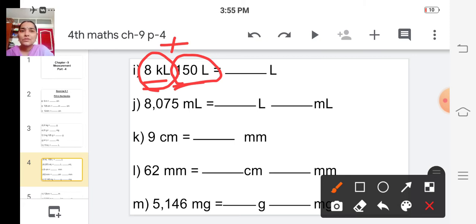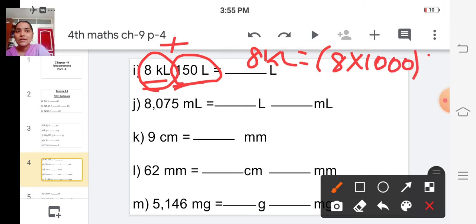We all know that 1 kiloliter is equal to 1000 liters, right? So 8 kiloliter is equal to 8 into 1000 liters, which is equal to 8000 liter.